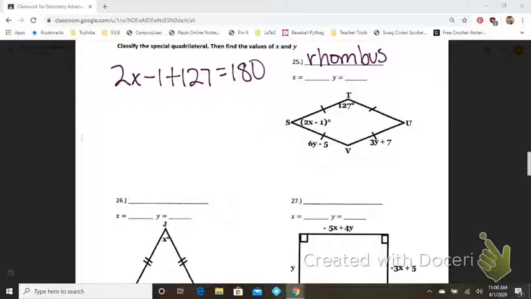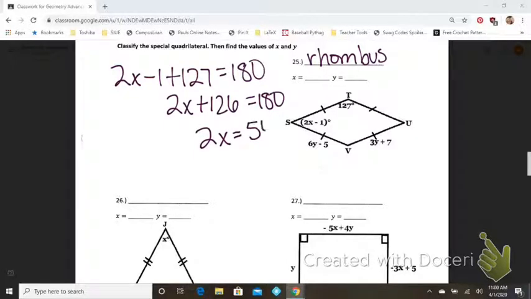Okay, you can combine your like terms. And then you can subtract on both sides. 2x equals 54. And then divide by 2, x is equal to 27.